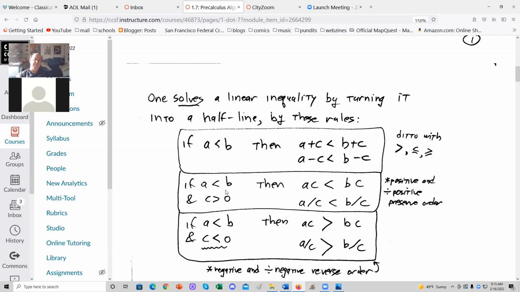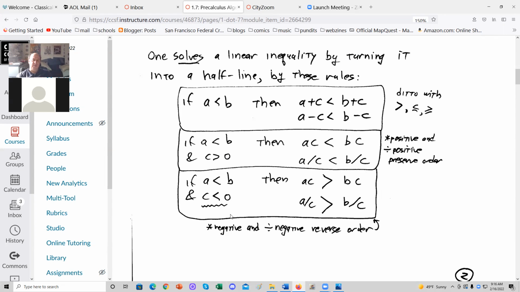If a is less than b and c is positive, greater than 0, then a times c is less than b times c, and a over c is less than b over c. So if you multiply by a positive and divide by a positive, that preserves order. This works for less than, and also for greater than, less than or equal, greater than or equal. Now here's a little more complicated.